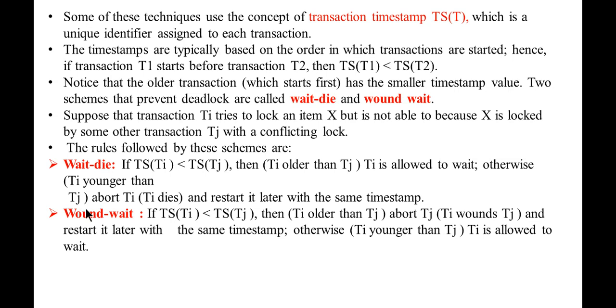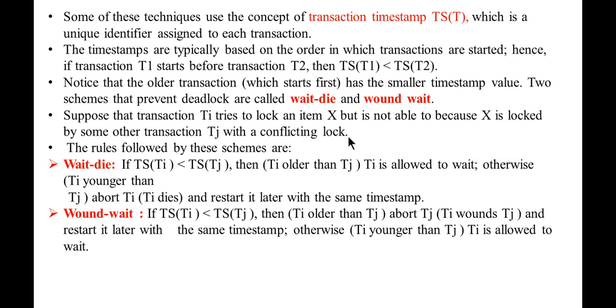In the wait-die, Ti is trying to lock the item X. So the requesting transaction is Ti.